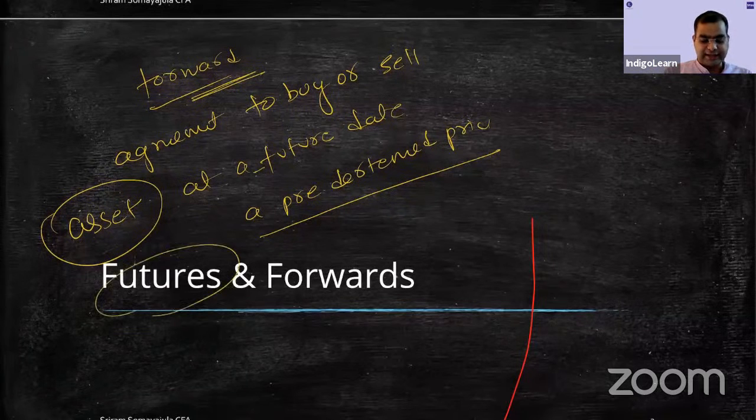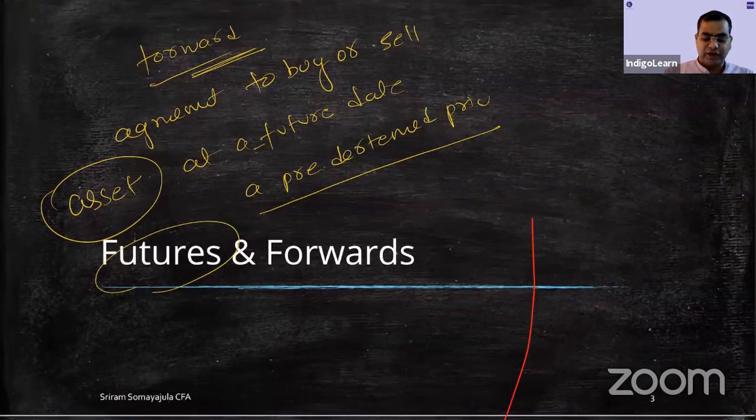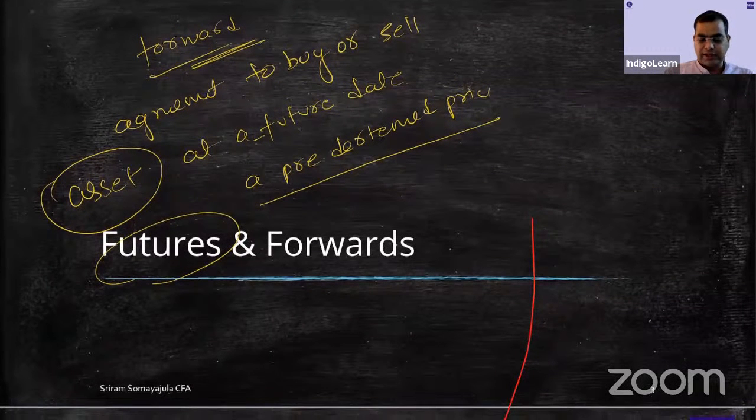A future contract is different from a forward. It is very, very similar to a forward, but there are some dissimilarities. Now, let us understand the difference between forwards and futures. I will write here forward and future.